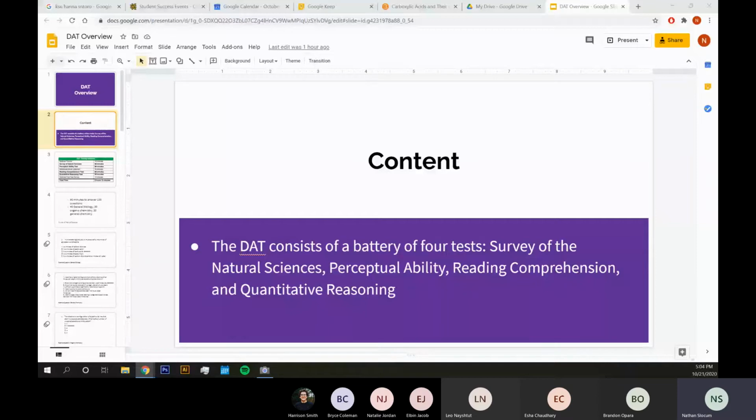I've researched the DAT, but I know there's a lot of people in the club that have already taken the DAT and have some advice to give that could help some other people. So if at any point you feel like you know something, just let it be known.